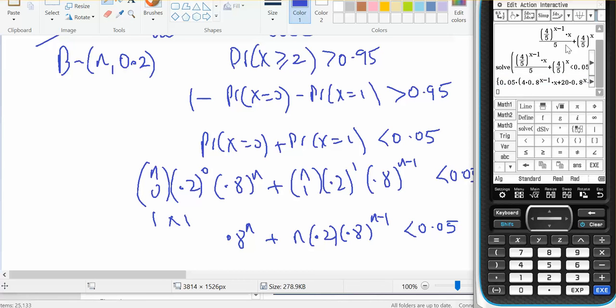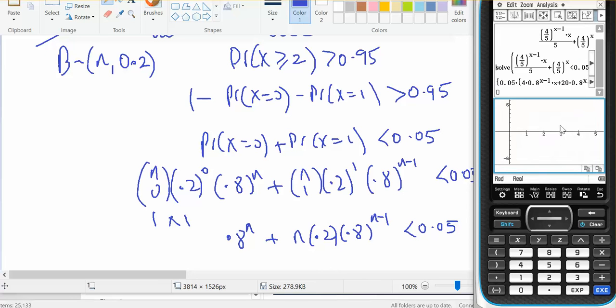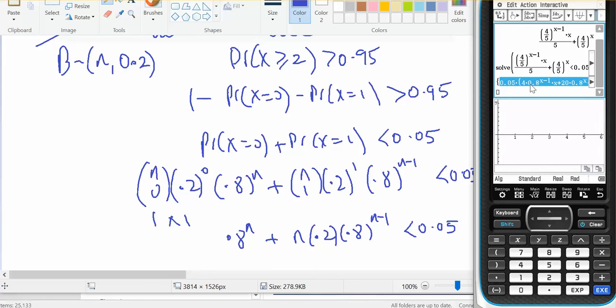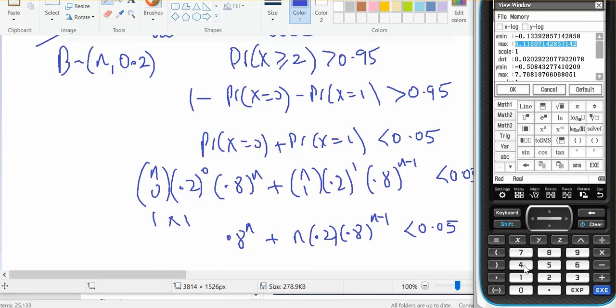I've got a couple of choices. I could open up a graphing window, take the left-hand side, take the right-hand side as 0, so make sure I go out to maybe 40.